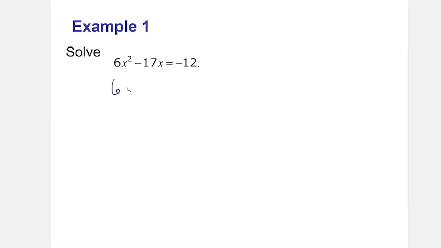So let's start with 6x squared minus 17x. And I'm going to add 12 to both sides. If I add 12 to both sides, then this equals 0, okay?